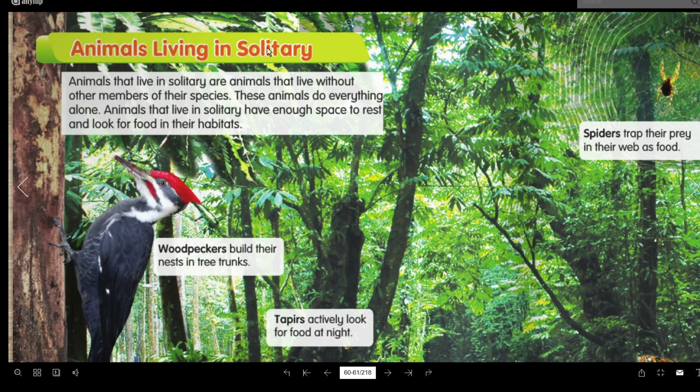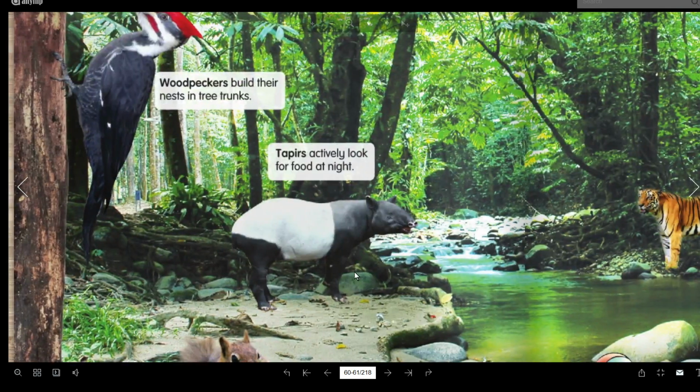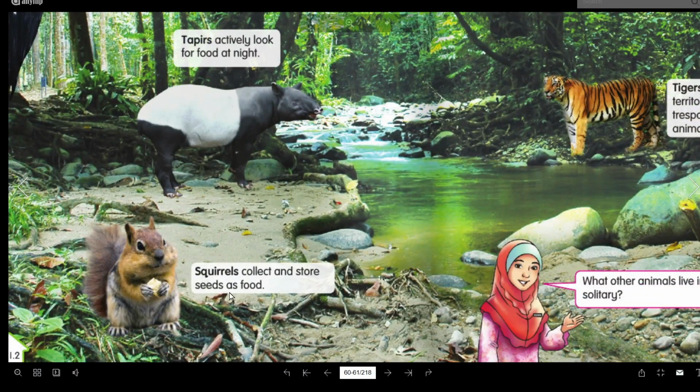Then other animals live in solitary. They live without other members of their species, right? So these animals do everything alone. Like they look for food alone, like woodpeckers. They build their nest in tree trunks. Squirrels collect and store seeds as food.